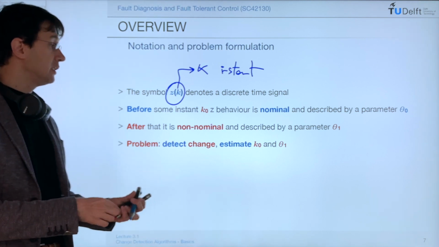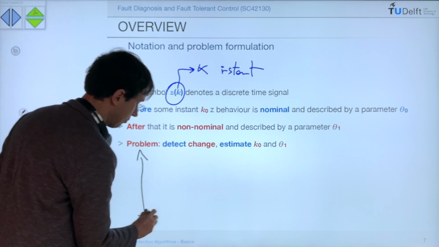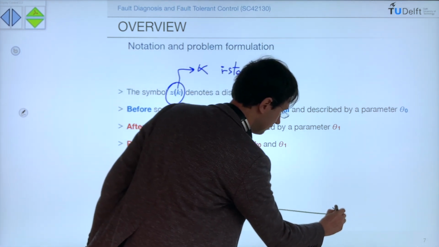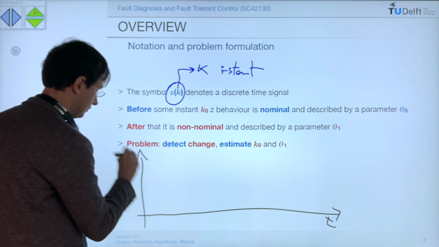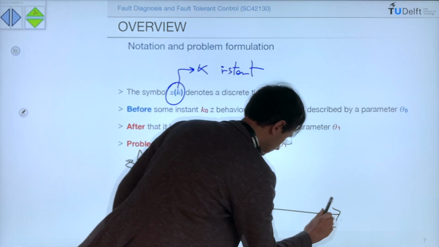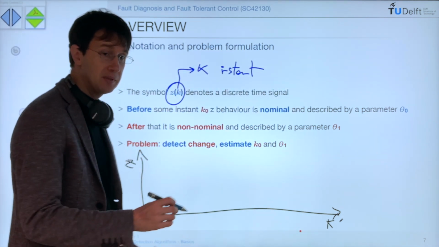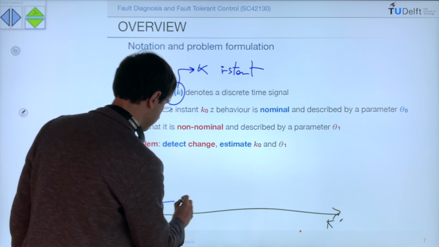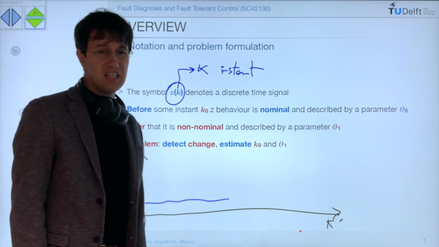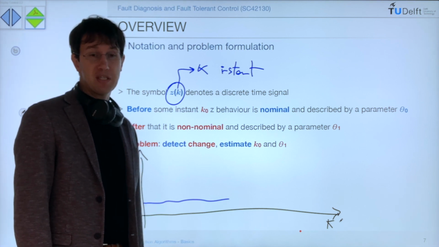The situation is similar to this. If we make a simple plot over time of z, where the horizontal axis is k, what we expect is a nominal behavior, and to make things simple, θ0 describes just the amplitude.